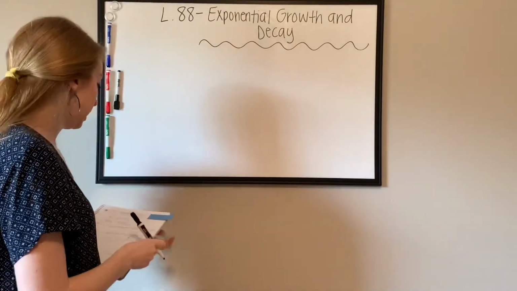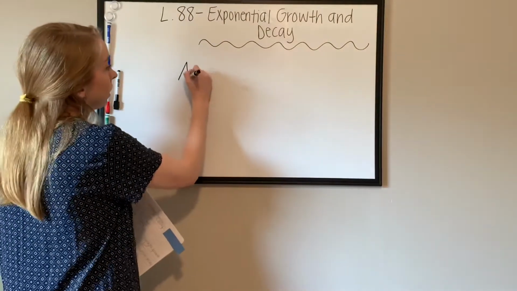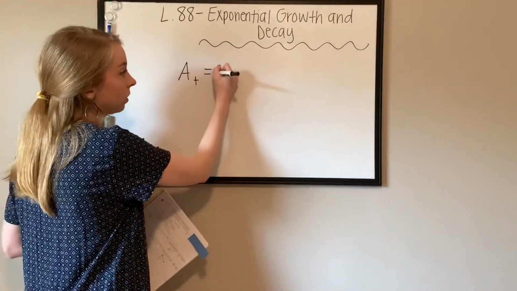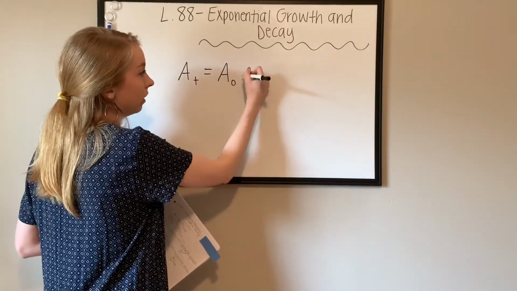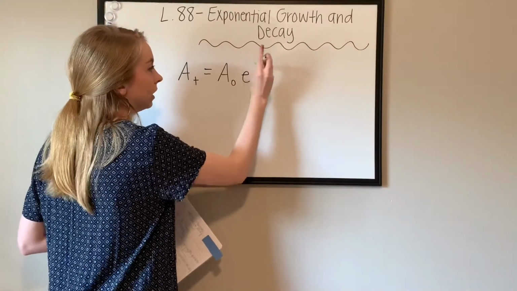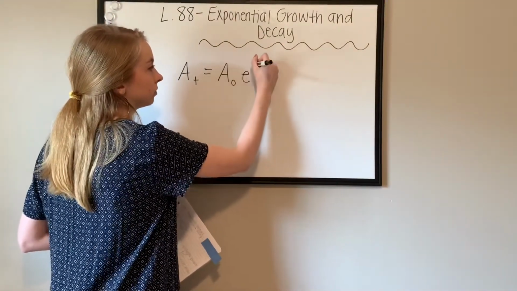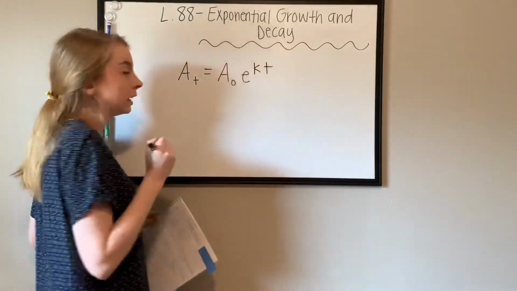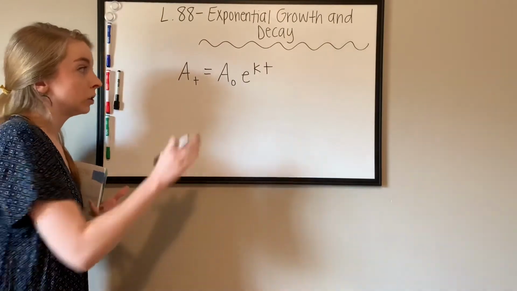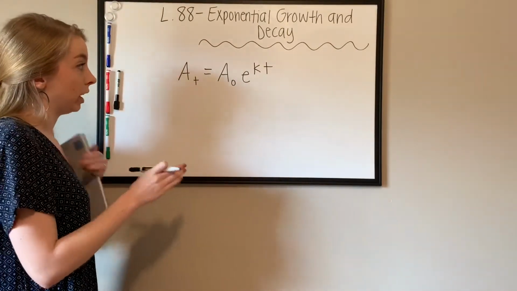And that formula is A sub t equals A sub 0 e to the k t. And each of these variables means something. So this is just your formula that you need to memorize.